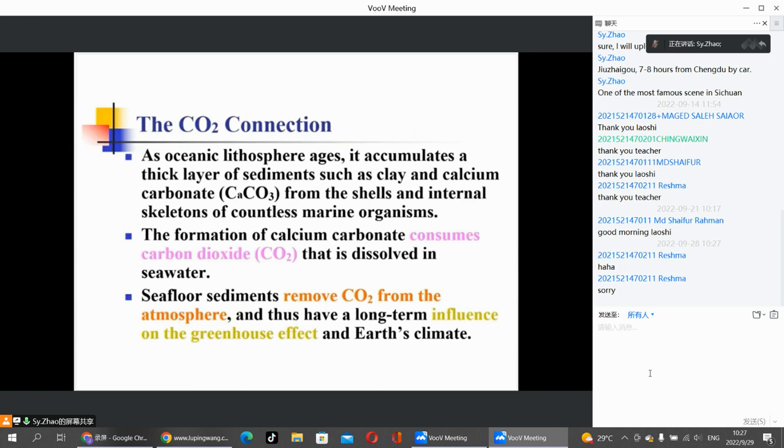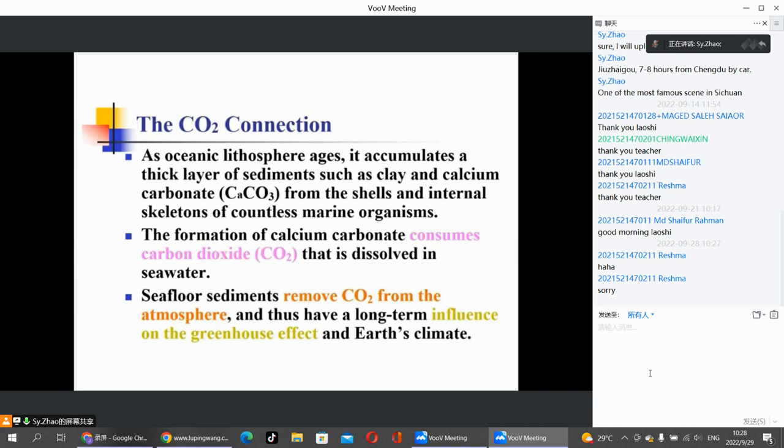And about the carbon dioxide connection: as the oceanic lithosphere ages, it accumulates a thick layer of sediments such as clay and calcium carbonate from the shells and the internal skeletons of countless marine organisms. The formation of calcium carbonate consumes carbon dioxide that is dissolved in seawater.